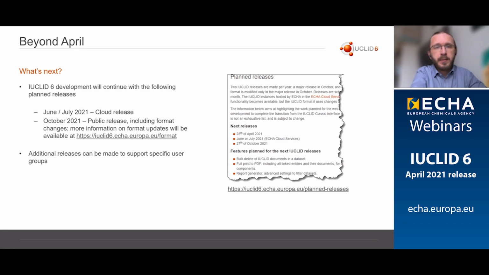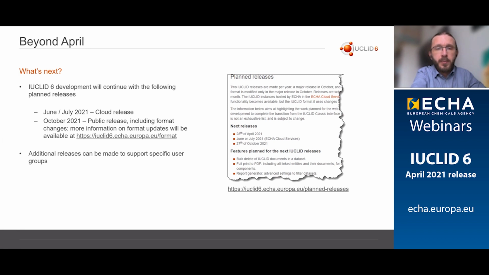So what will happen next? We continue with the Euclid 6 development, and we already have the following plans released. In June or July, we will have a cloud release, so a release dedicated to the users of the ECA cloud services. And then in October 2021, we will have another release, public this time, so available to everybody to download from the Euclid website, which will include format changes.